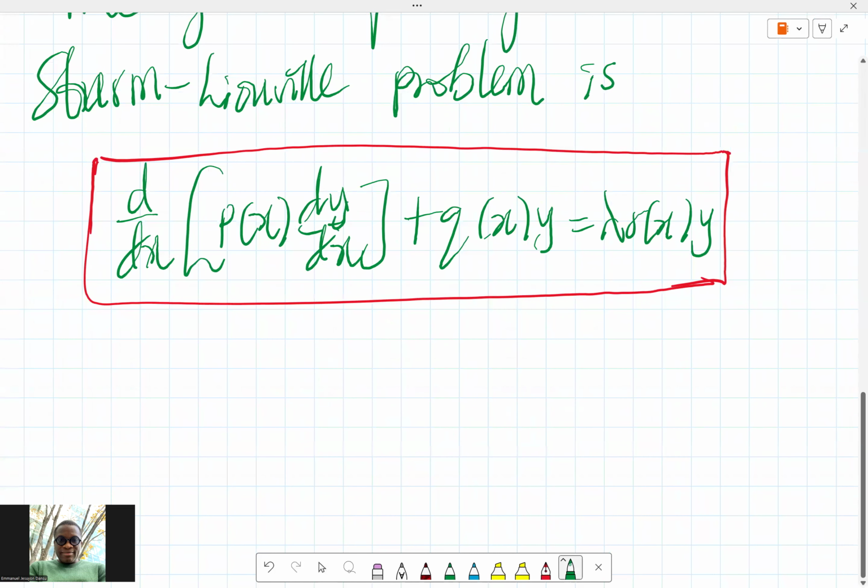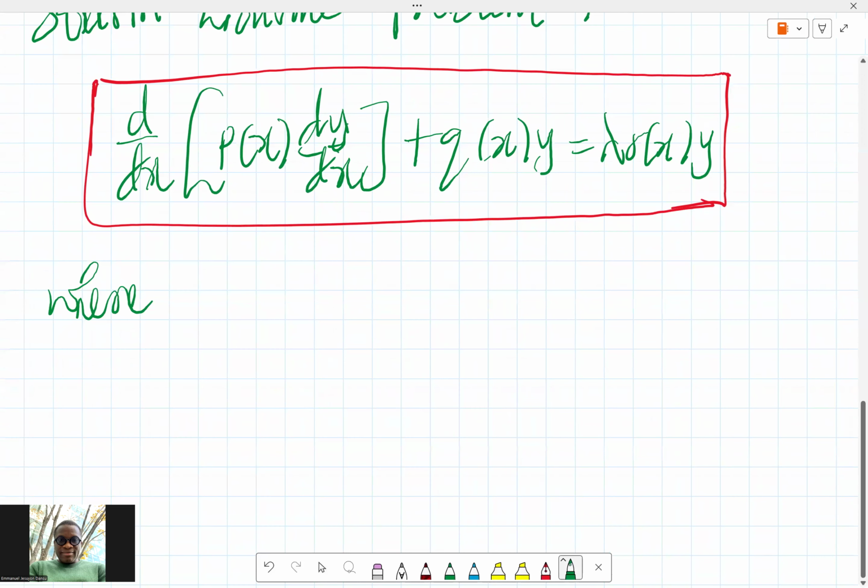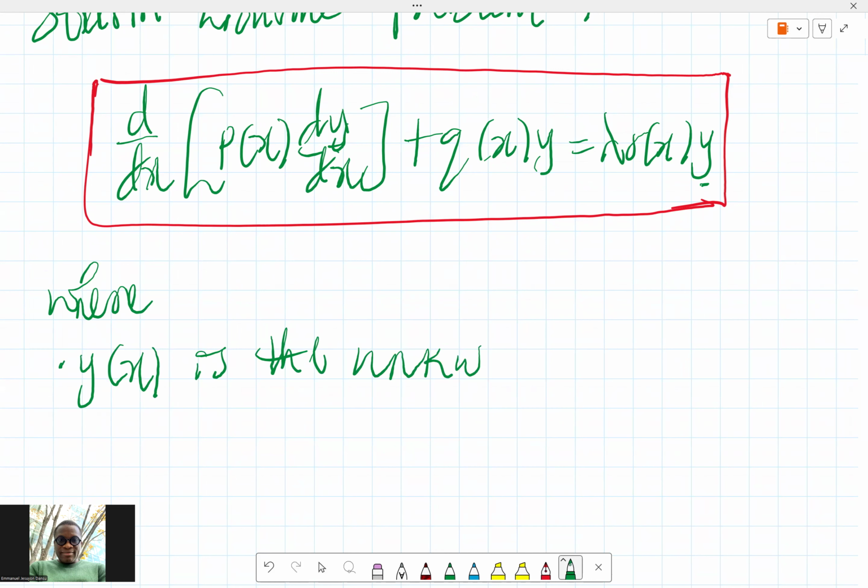Where y of x is the unknown function we are looking for. When we solve a differential equation, the result is a function.